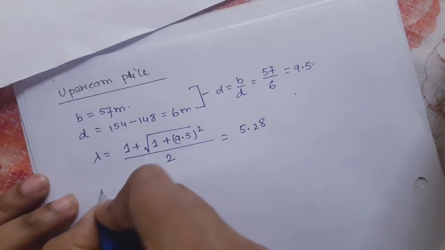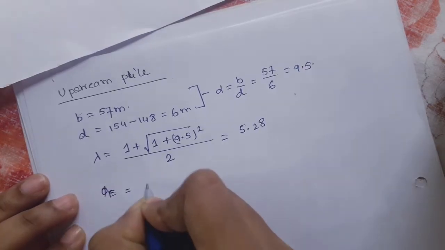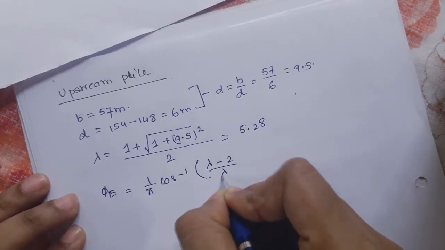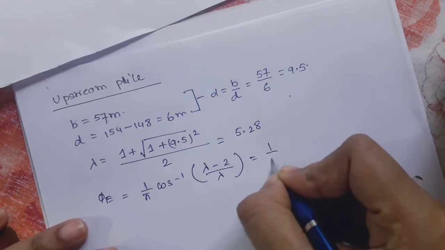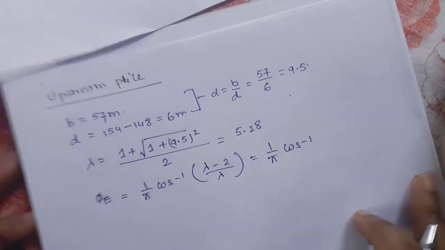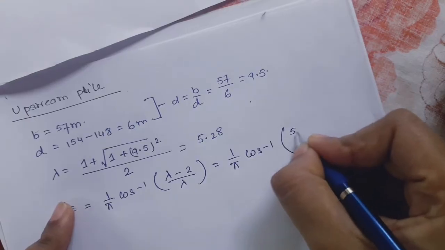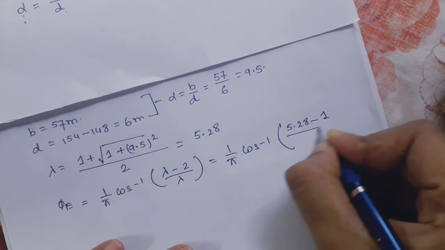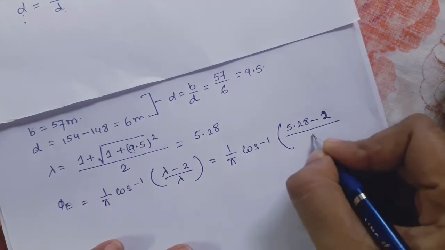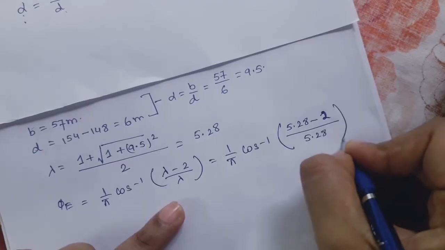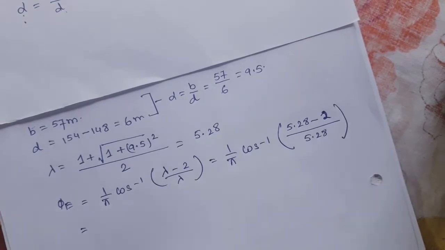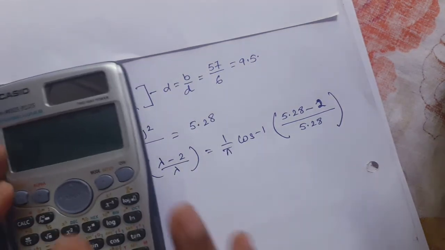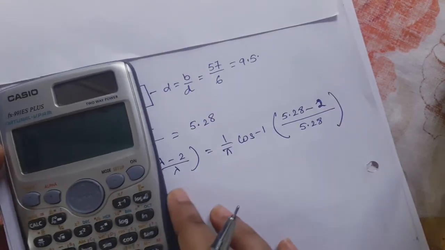So our equation was phi E equal to 1 by pi cos inverse of (lambda minus 2) by lambda. So it is now 1 divided by pi into cos inverse of (5.28 minus 2) divided by 5.28. Actually you have to convert it in radian, then you can get this value.